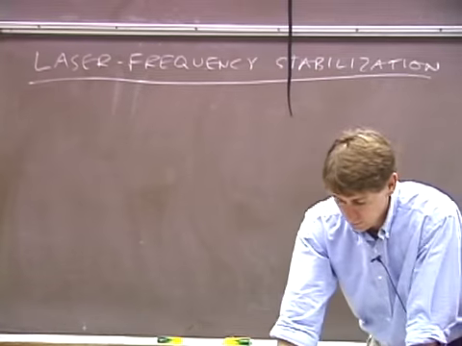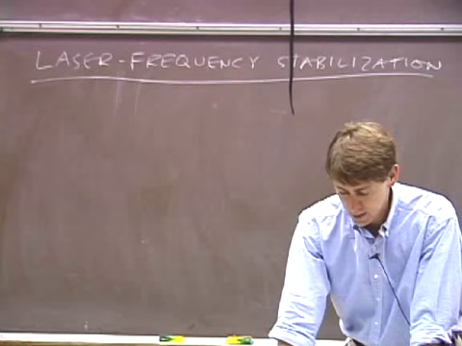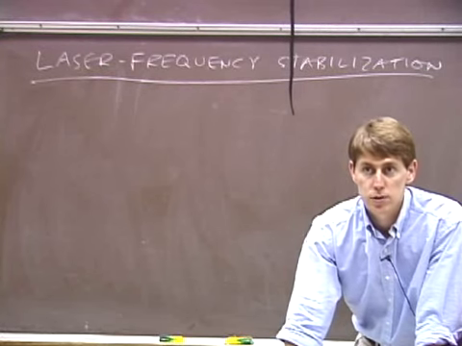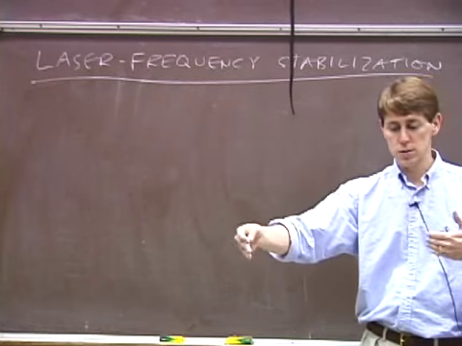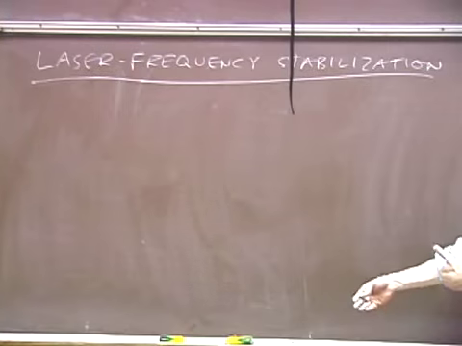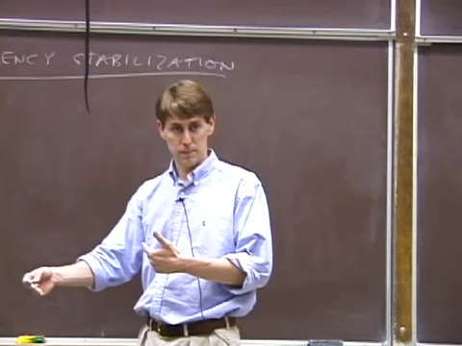So, if we use a laser to do interferometry for gravitational wave detection, the wavelength of the laser is the yardstick with which we're measuring the distance between masses. So for that measurement to be valid, for us to get any use at all out of using this laser, that wavelength has to be very stable.